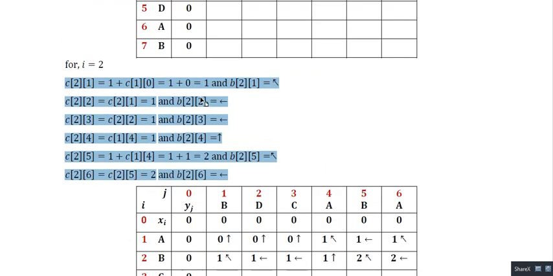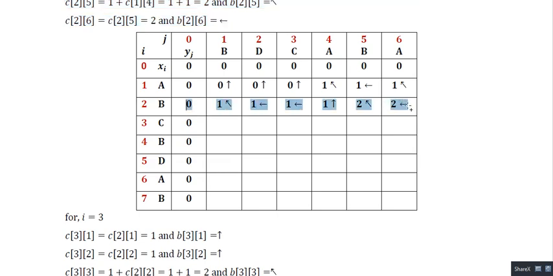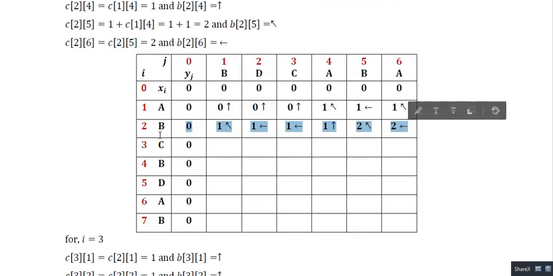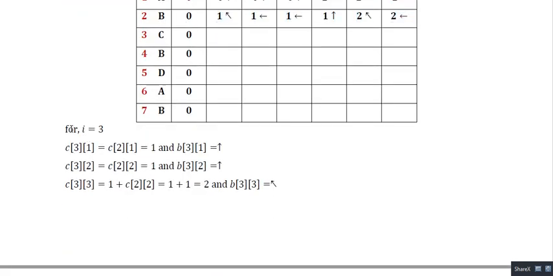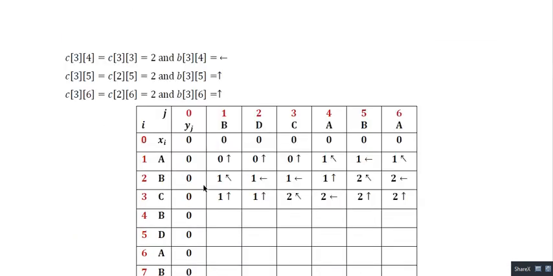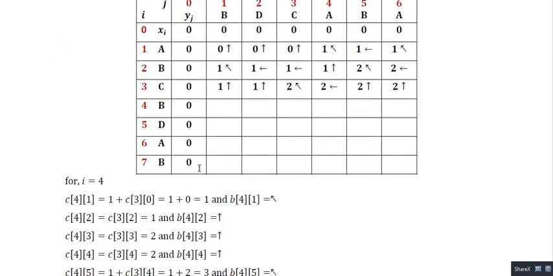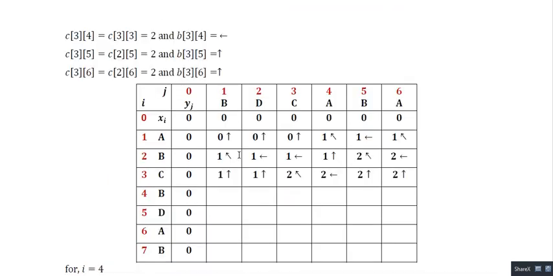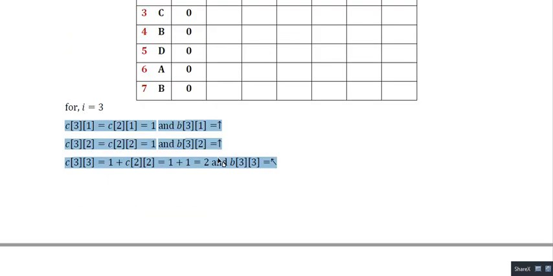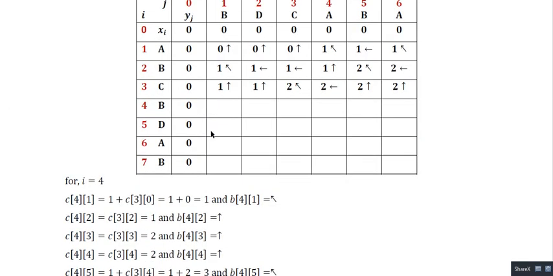Okay, so this is how we can fill the second row, right? So now after this the iteration 2 is completed, and next you have to go for iteration 3 where i equals 3. So for i equal to 3 you just fill the third row, and so on. Like this you have to keep on filling all the entries, right?